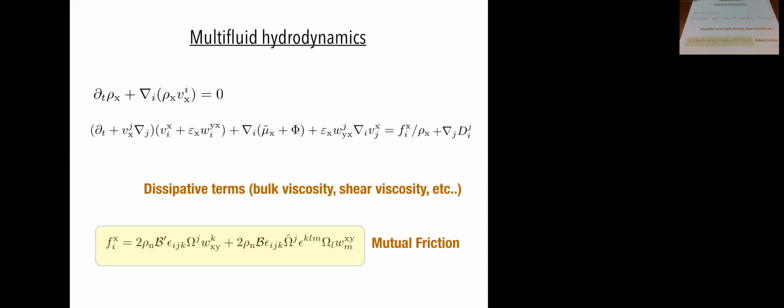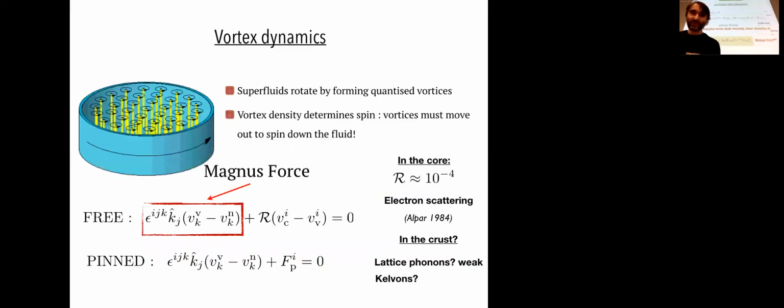So this is the standard case for laminar flow. And so the idea proposed early on by Anderson and Itoh was that you have your superfluid neutrons, so you have this component that's rotating and rotates by forming a nice array of quantized vortices.